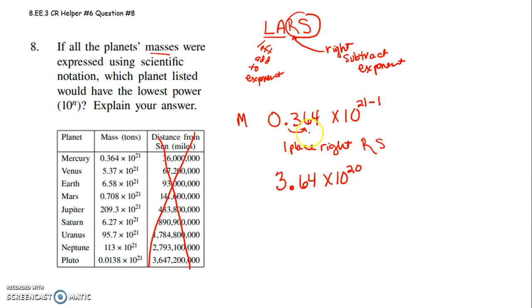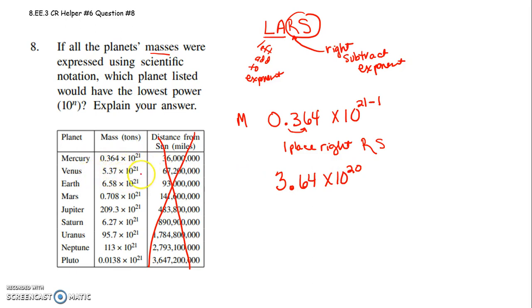Because if it was located here, to put it back in standard form, we'd move 21 places to the right. But if that decimal point was shifted over 1, I'd only have to move it 20 places to the right to put it back in standard form. So this one right here would then have an exponent of 20 in scientific notation.